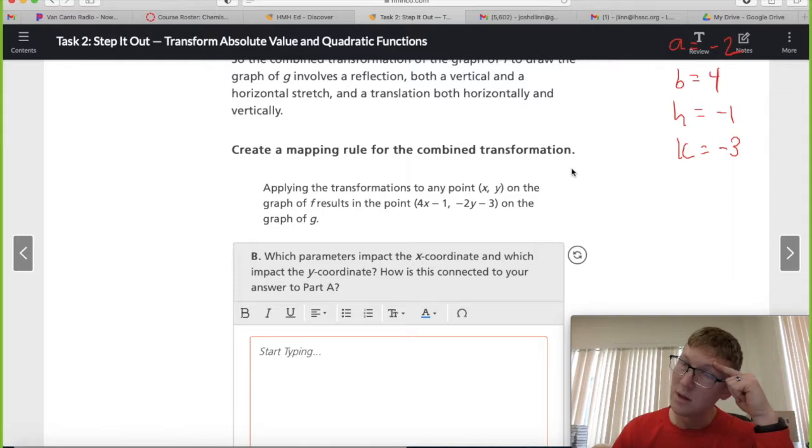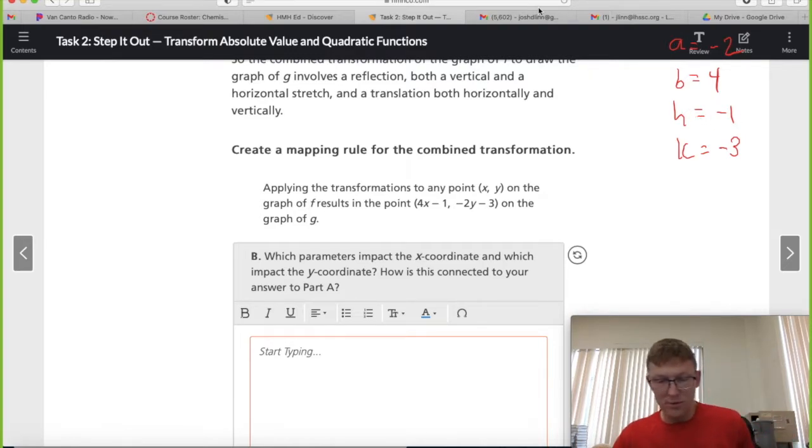Well, x's are horizontal, so it's going to be multiplied by 4, and then subtracted a 1 from it.